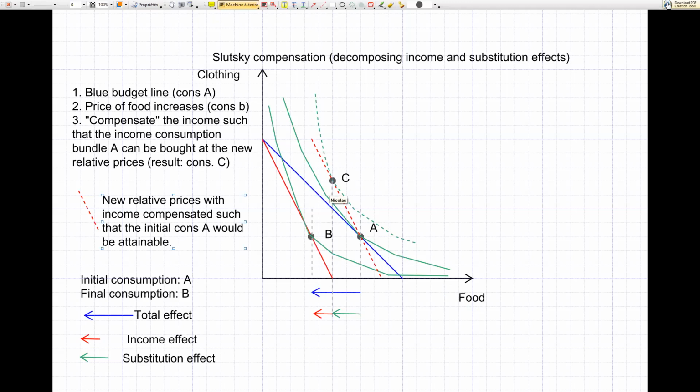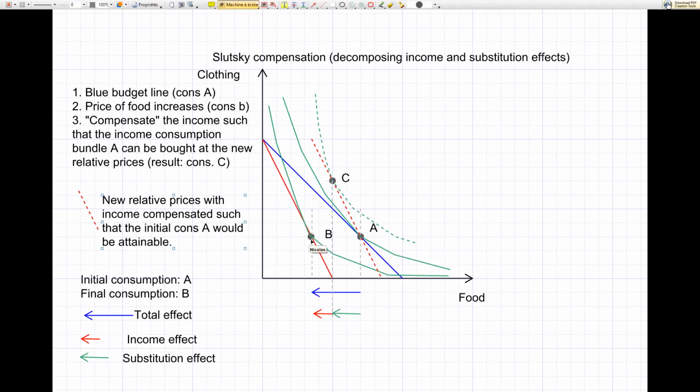But how does the budget line increase? How did it initially increase? So here from the final budget line to the compensated budget line, it's because we gave money to the person. Here, the person has less purchasing power because food is more expensive and clothing is the same price as before.